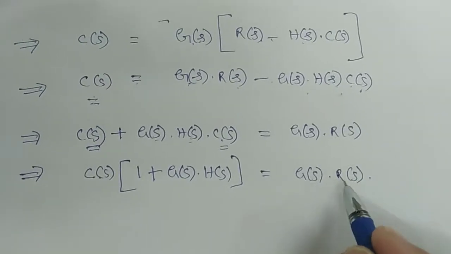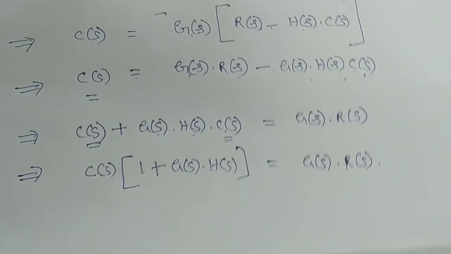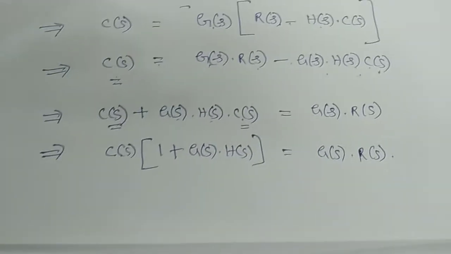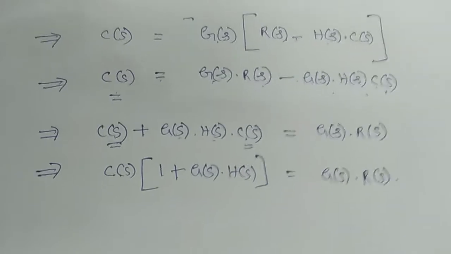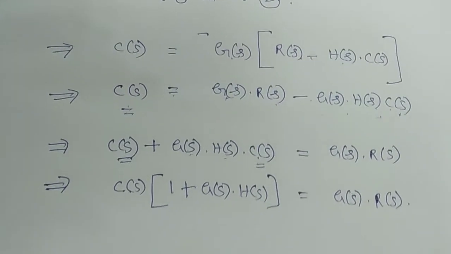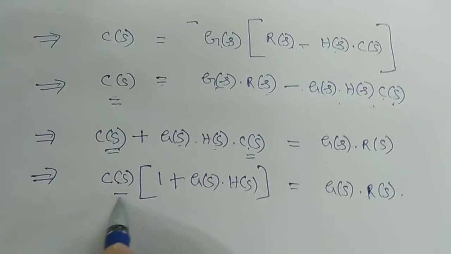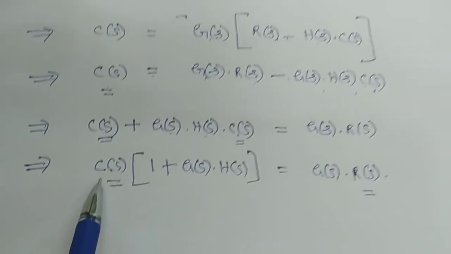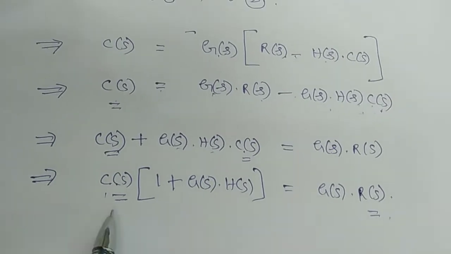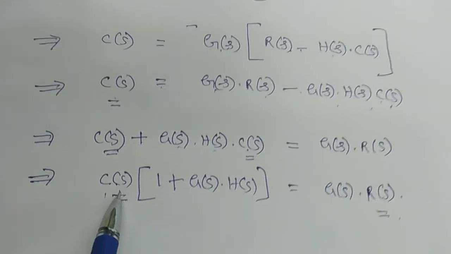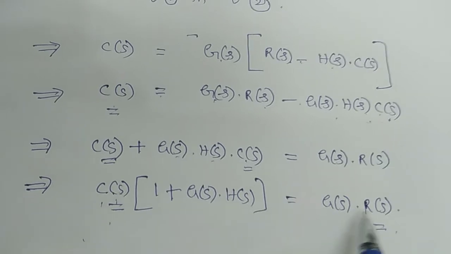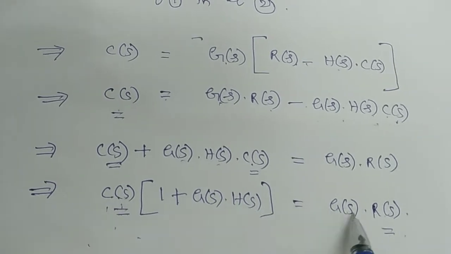Now what should I write? What is my target? To obtain the ratio of output to input. What is output? C(s) is your output. What is input? R(s). So you have to write C(s) by R(s). R(s) you bring to the left side, and the remaining part goes to the right side.